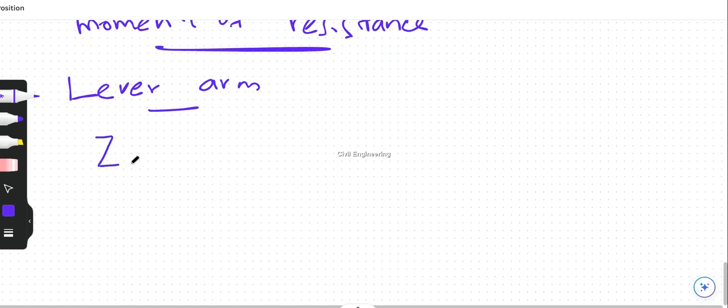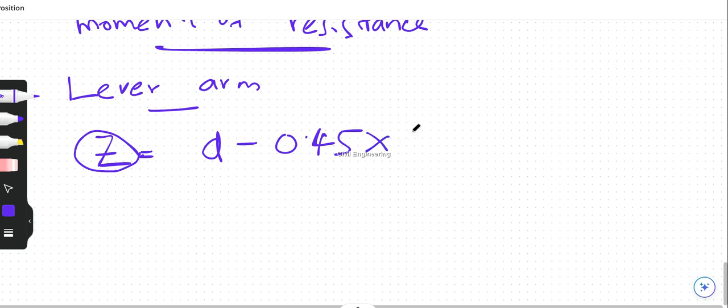The lever arm is Z, which is equal to d minus 0.45 into d over 2.